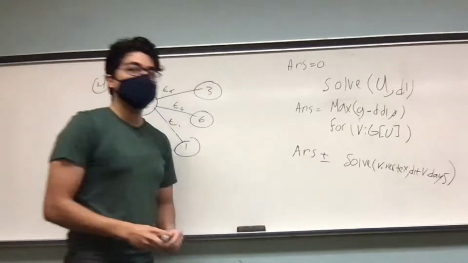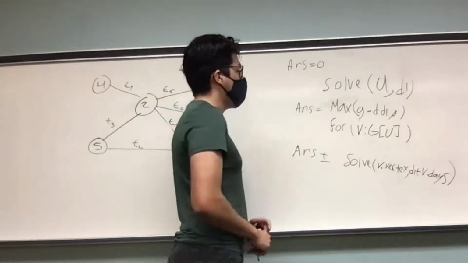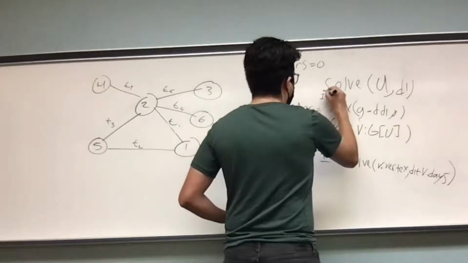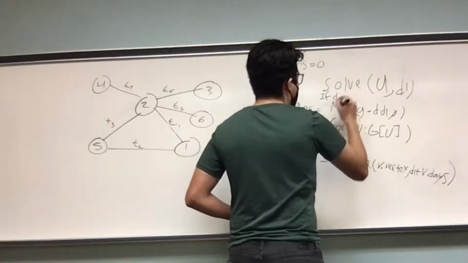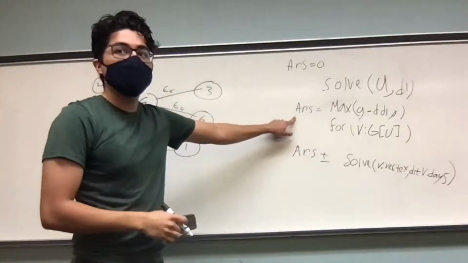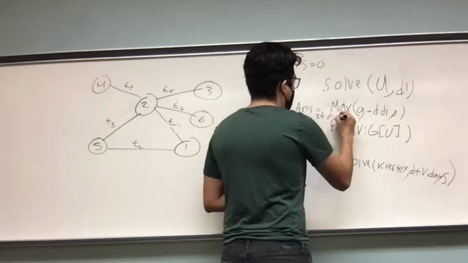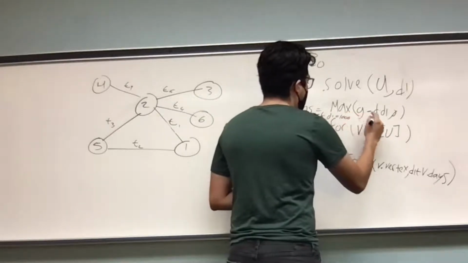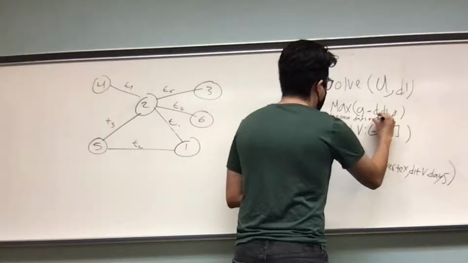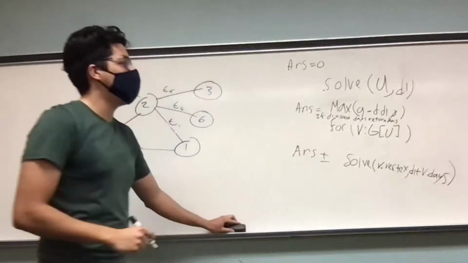And then outside of the for loop, after we initialize ans, we do if d1 is equal to 1,000 days, just return ans. Alright, does everyone agree with that?